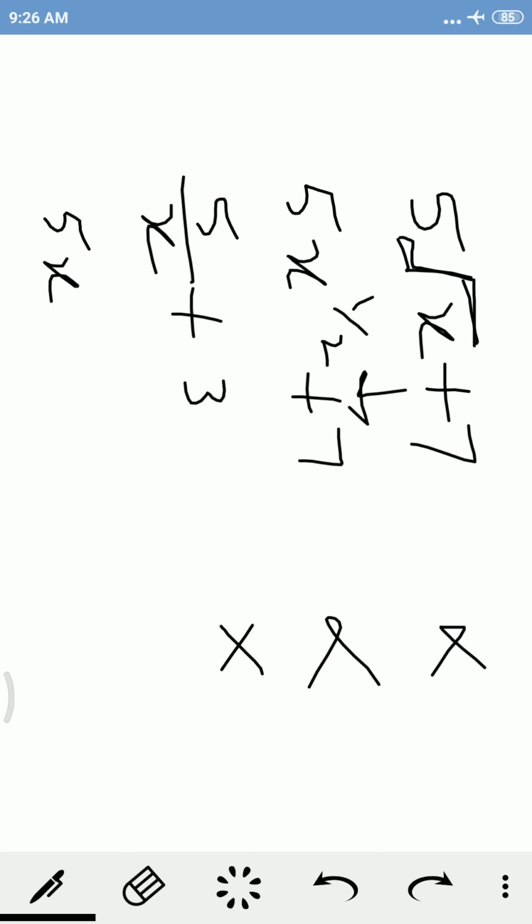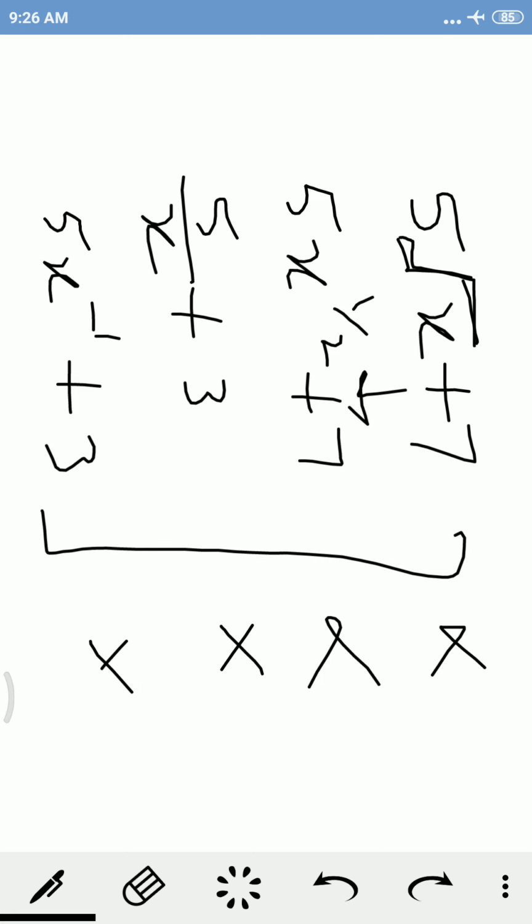This can be written as 5x raised to the power minus 1 plus 3. So these types of expressions are not polynomials where the power of the variable is a fraction, or you can say it is in a root, square root, cube root, whatever, or the variable has a negative power. Then these expressions will not be polynomials. Take care of this thing.